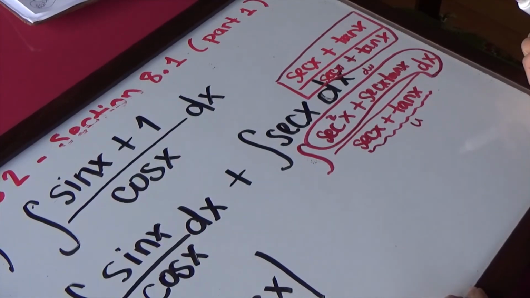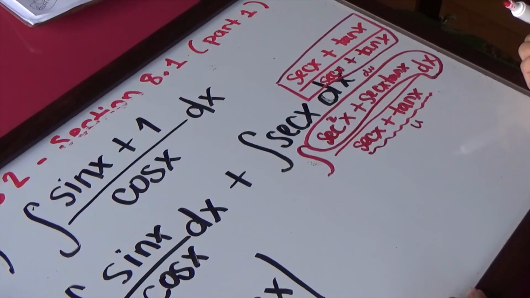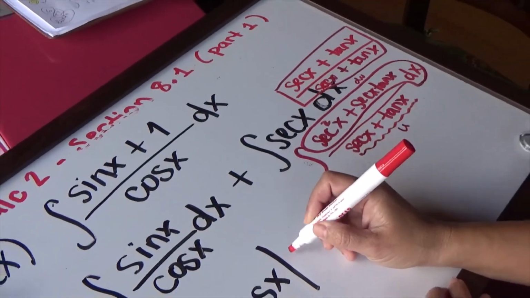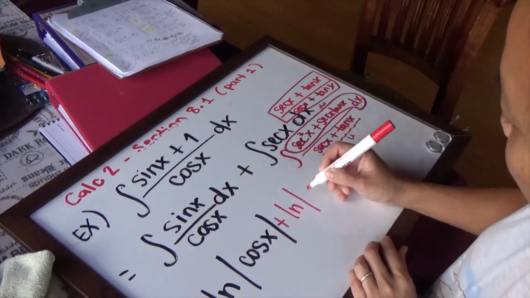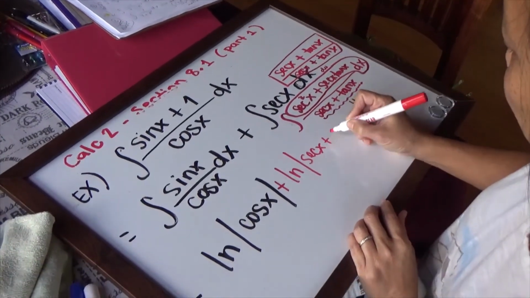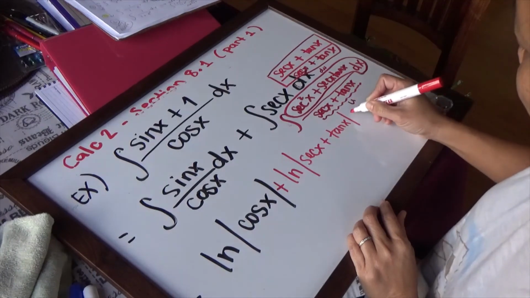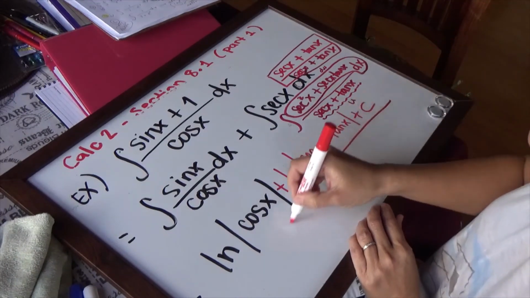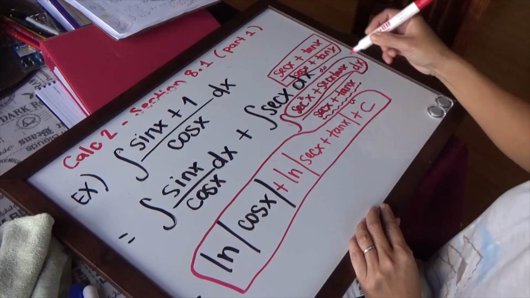So the integral of 1 over u du is, again, ln of absolute value of u, which will give you ln of absolute value of secant x plus tangent x. And you want to say plus c. Don't forget the plus c. That is your answer for this problem.